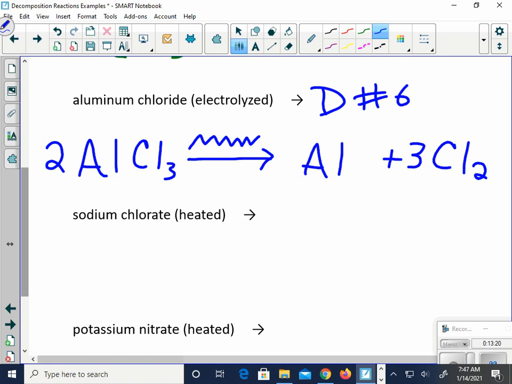And if I put a 2 here, I have my aluminums balanced. Can I reduce, Paige? No. So do I have a balanced chemical equation now? Sure do. So that is the electrolysis of aluminum chloride to give me my constituent elements.